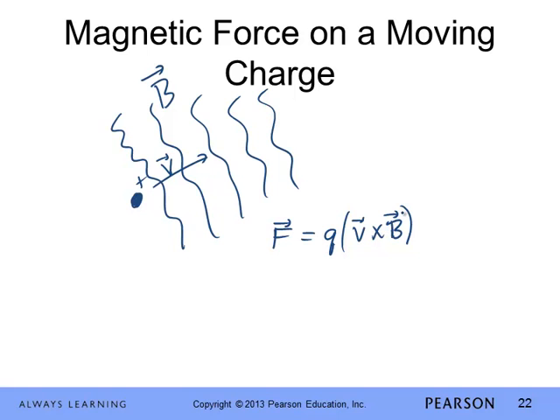All right. So the force that's applied to this particle by this magnetic field is given by the strength of the charge on the particle times the cross product of the velocity of the particle and the magnetic field.